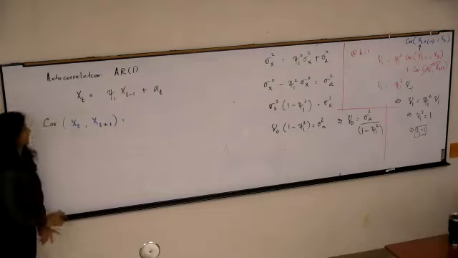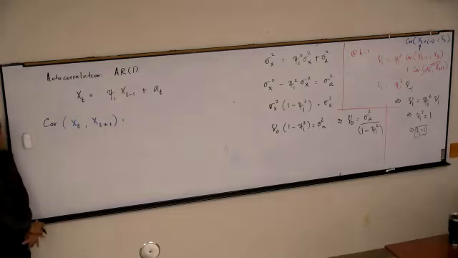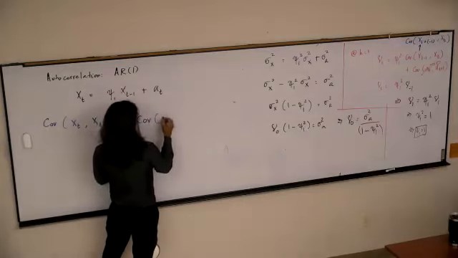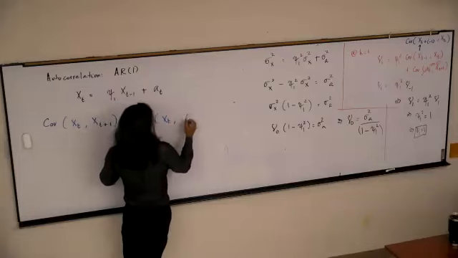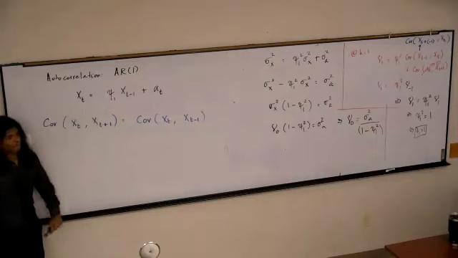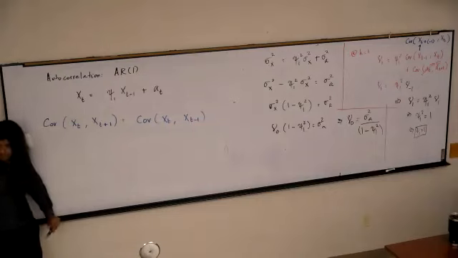Going to go back to the covariance of x sub t and x sub t plus 1. How would things change if I had it as, say, x sub t comma x sub t minus 1? Hypothetically speaking, the covariance of x sub t comma x sub t minus 1. In this case, I'm not going to replace both terms.